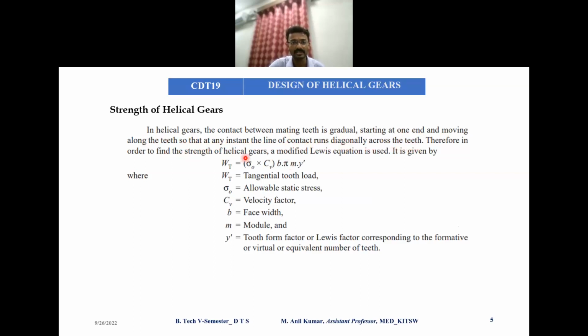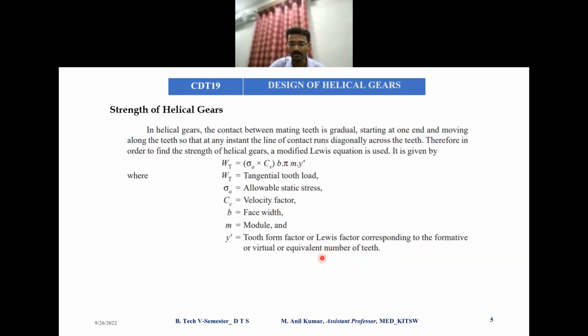Therefore, in order to find the strength of helical gears, a modified Lewis equation is used. Here, Wt is equal to sigma naught into Cv, into b, the face width, into pi into module into y prime. So y prime is tooth form factor or Lewis factor, corresponding to the formative or virtual or equivalent number of teeth.